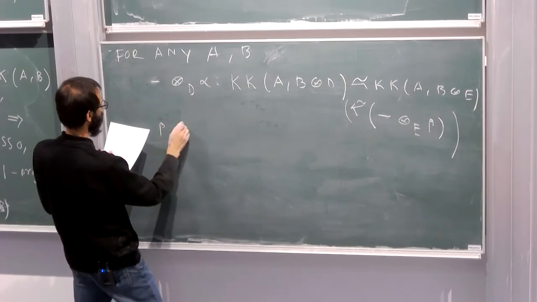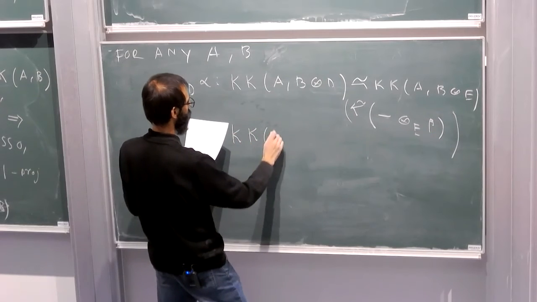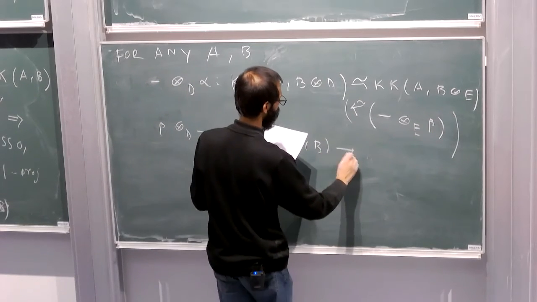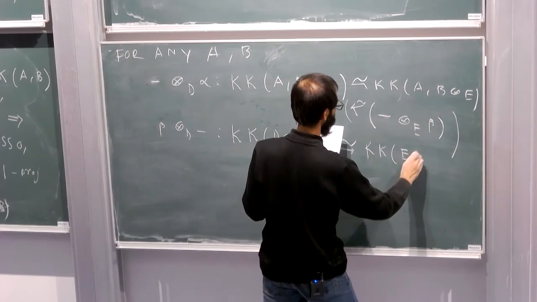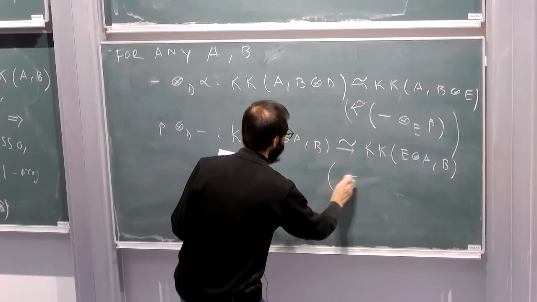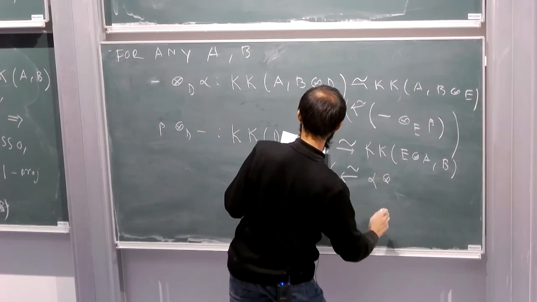And D tensor A comma B to KK(E tensor A, B) with the inverse alpha tensor.